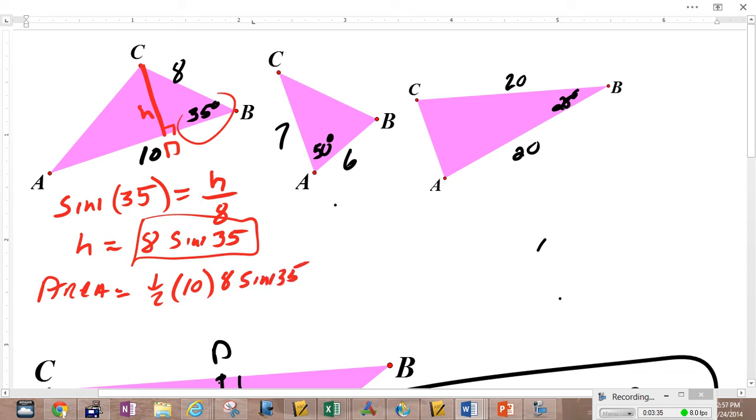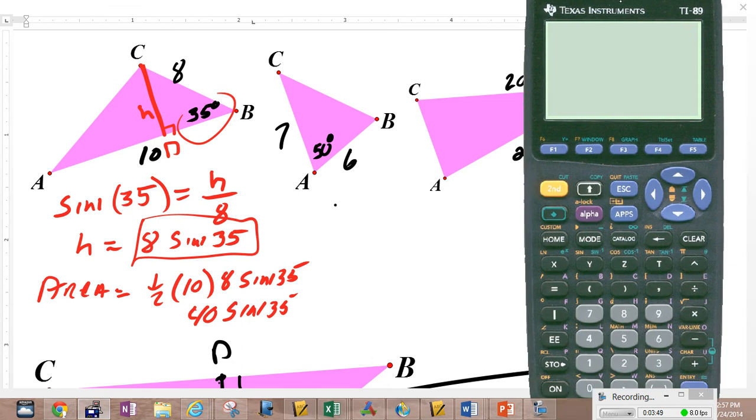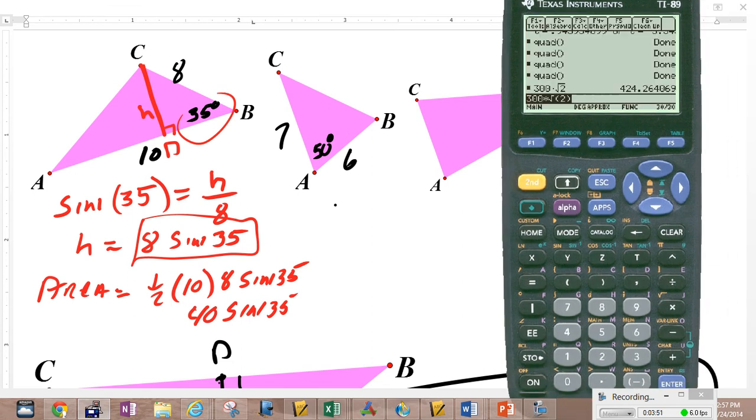Okay, so now all I have to do is say, oh, 1/2 of 10 is 5, and times 8, that's 40. 40 times the sine of 35, and of course now I have to go to my calculator because I have to pick up the sine of 35. So the sine of 35 will be 0.57.